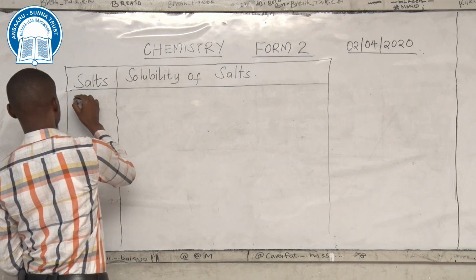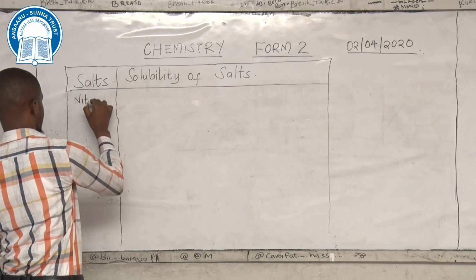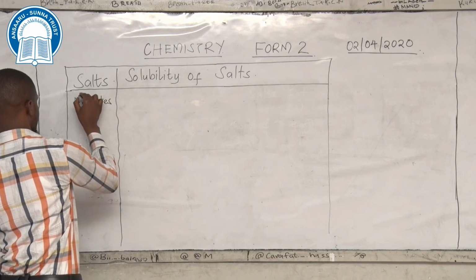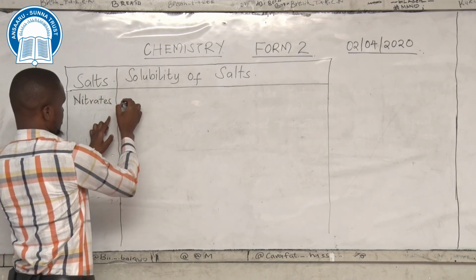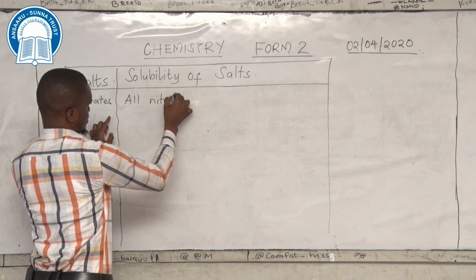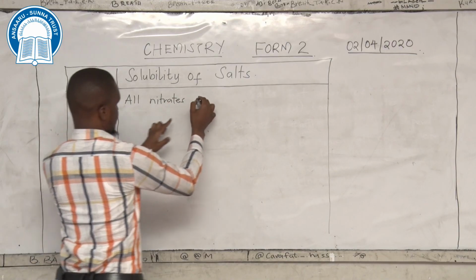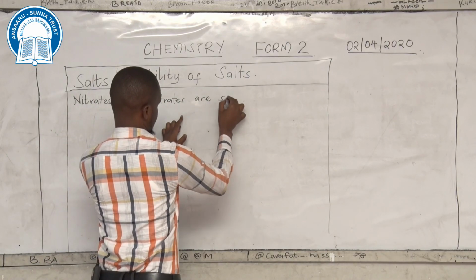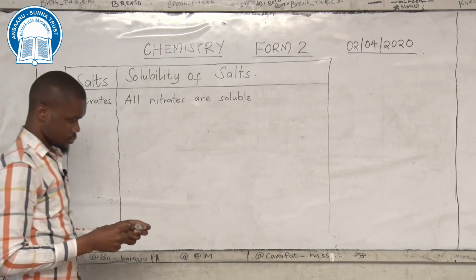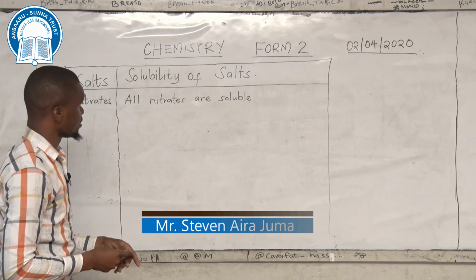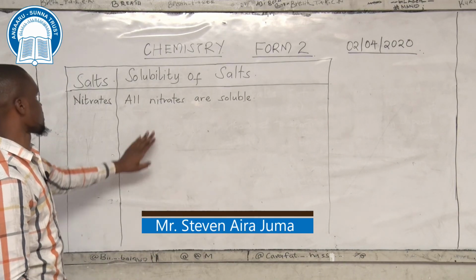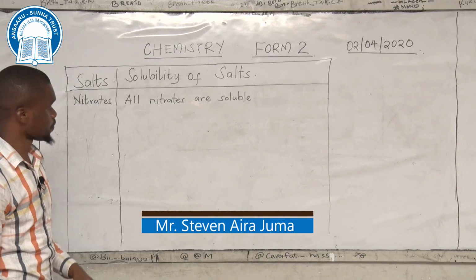The first ones we'll deal with are nitrates. What do we know about solubility of nitrates? For sure, all nitrates are soluble. Be it lead nitrate, silver nitrate, sodium nitrate, calcium nitrate, all nitrates are soluble in water.